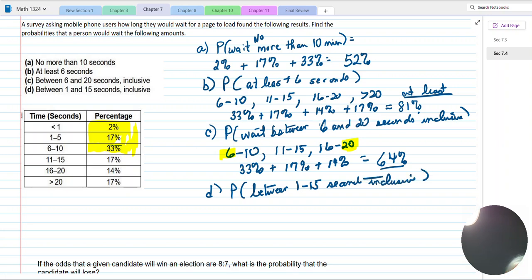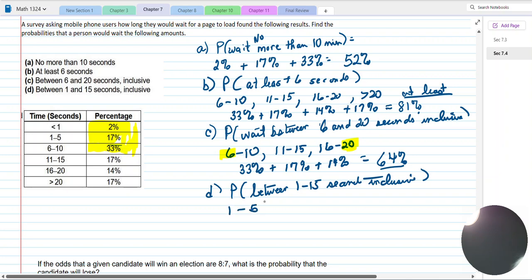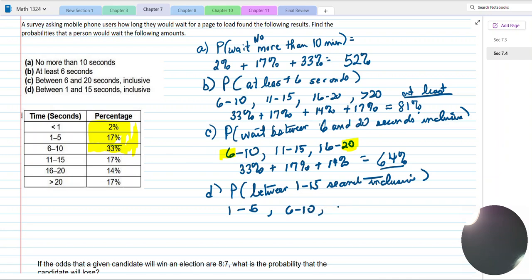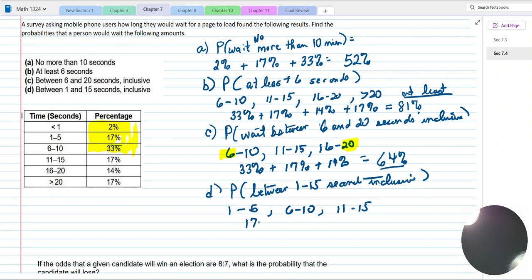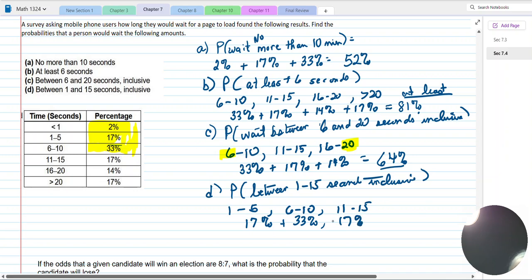All right, well, let's consider which of those are. 1 through 15 would be 1 to 5 grouping, 6 to 10 grouping, and 11 to 15 grouping. So at this point, this is 17%, and this is 33%, and this one is 17%. These are pluses. I put a comma, sorry.